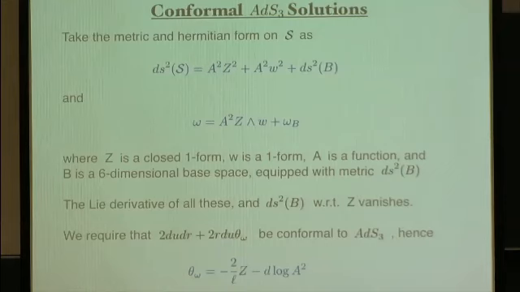So now I'm going to discuss some examples. I should mention first of all that there are a number of black hole solutions in 5-dimensional gauged supergravity, which you can lift to 2b supergravity.